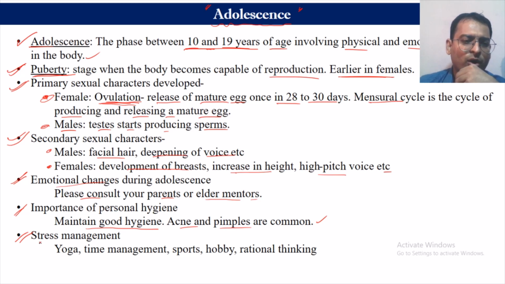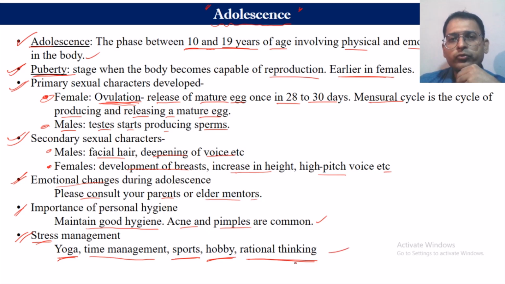Therefore it is important to have a stress management routine: doing yoga, practicing time management techniques, having healthy sleep habits, hobbies, and developing rational thinking. All of these help in stress management, and the person can move through adolescence into a well educated and strong adult human being.